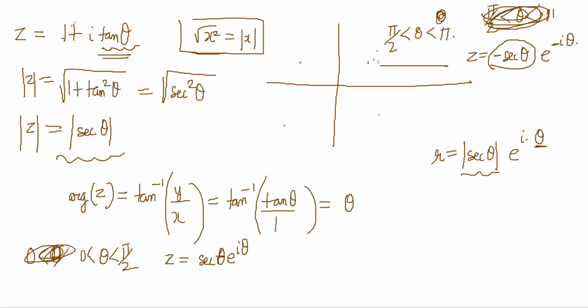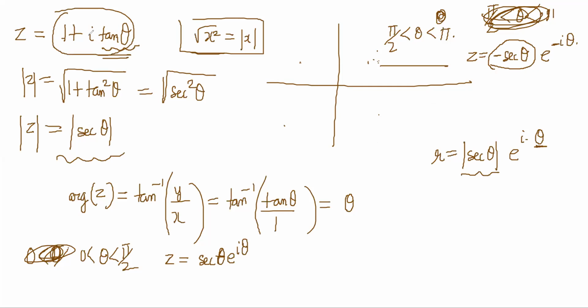So minus theta seems right. Minus theta is correct, because the complex number itself came in the fourth quadrant.